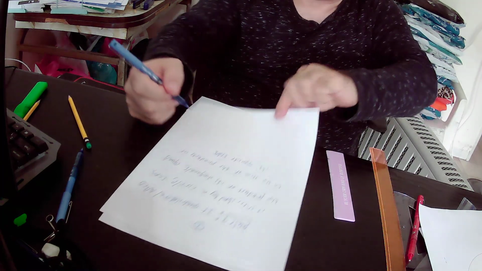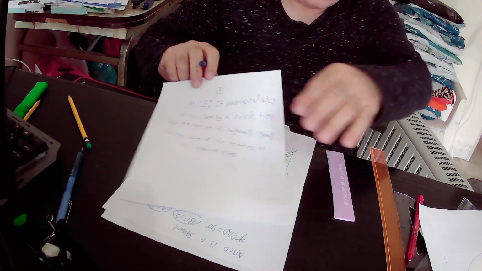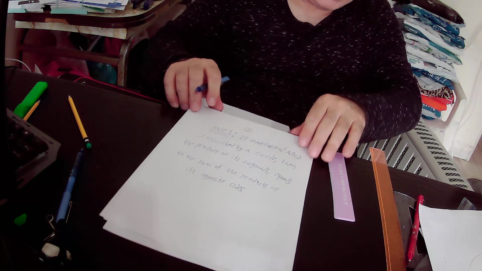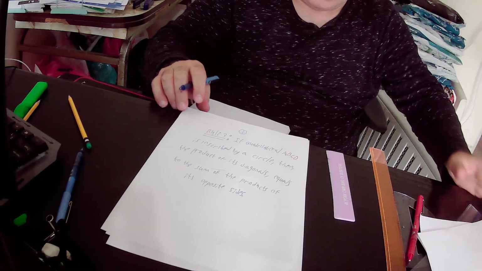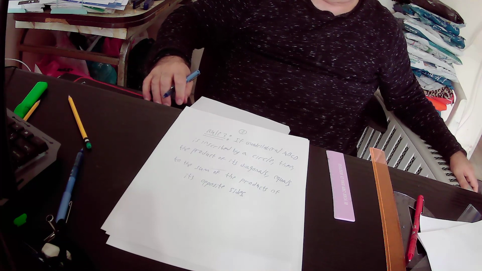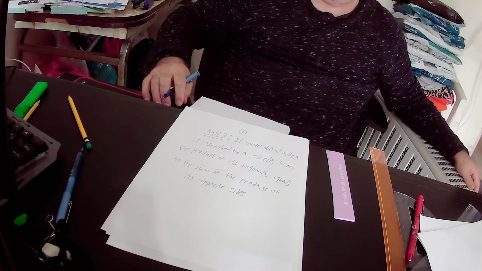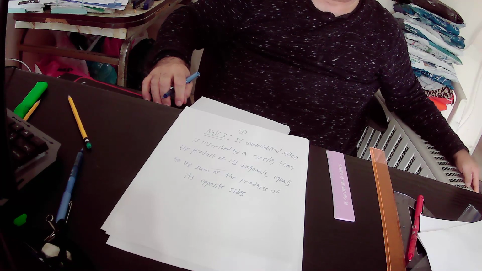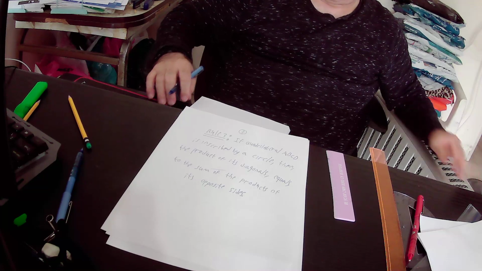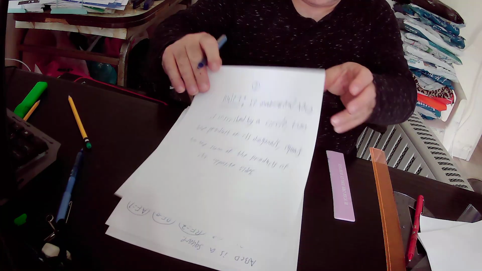So I will read rule number 3 again. Rule number 3 states that if quadrilateral ABCD is inscribed by a circle, then the product of its diagonals equals to the sum of the products of its opposite sides. So what is the meaning of rule number 3?